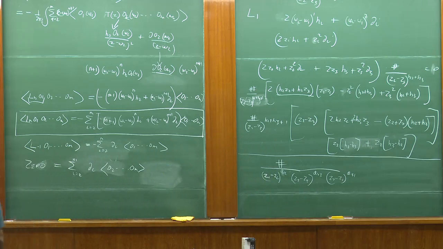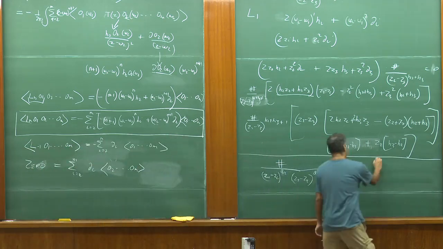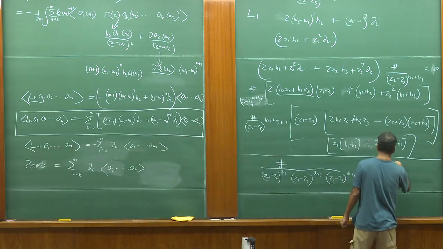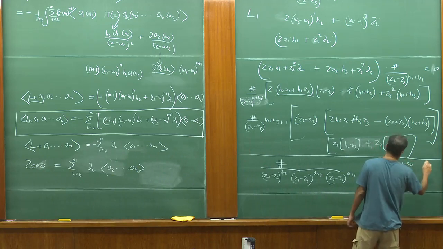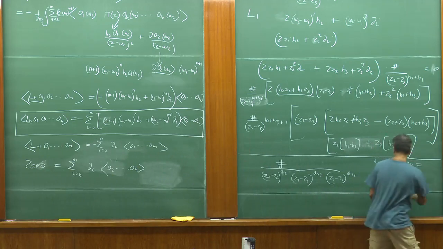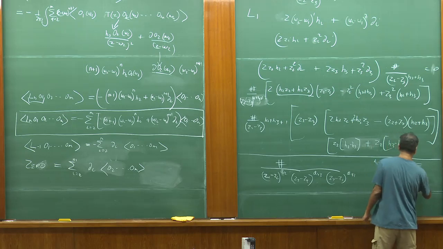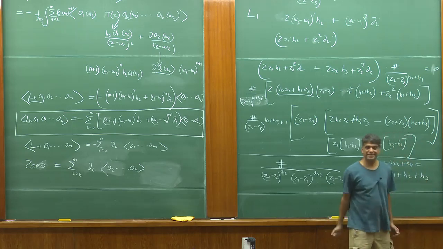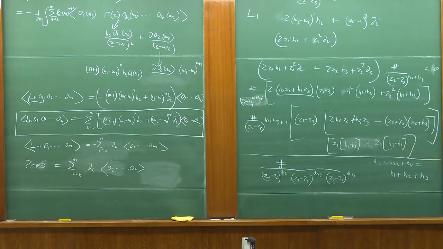What we can say from homogeneity is that a12 plus a23 plus a31 must be equal to h1 plus h2 plus h3. That's the L0 constraint. But at the moment that's all we can say. But now we act on it with L minus 1.